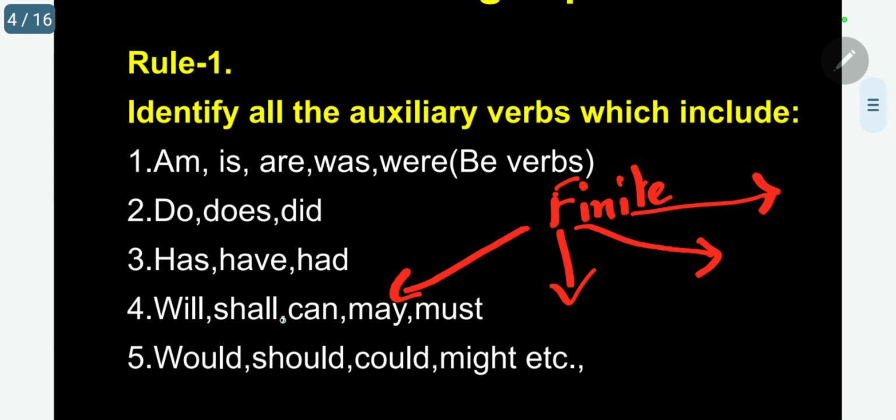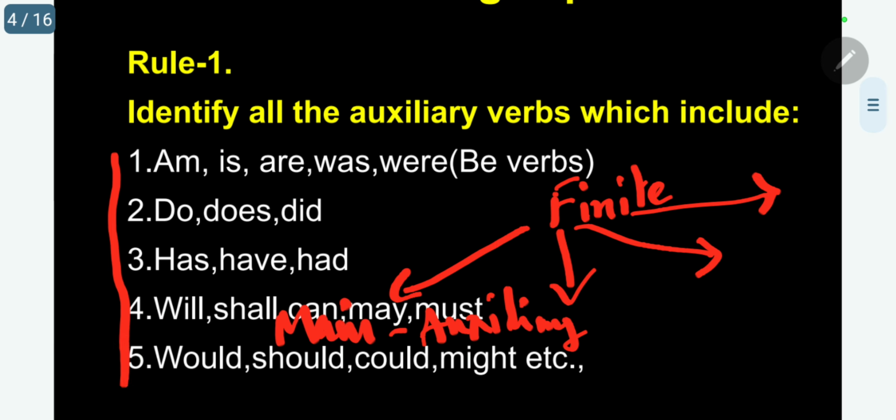First one is main and auxiliary verb. That means one is the main verb, another is the auxiliary verb. Here I have given that there are 5 types of auxiliary verb. Except these, all the remaining verbs are main verbs. That is one type.